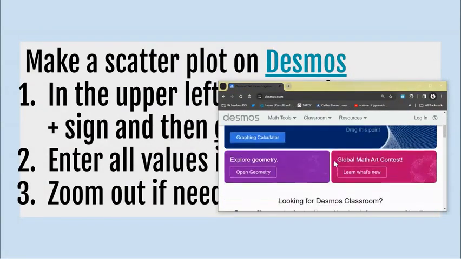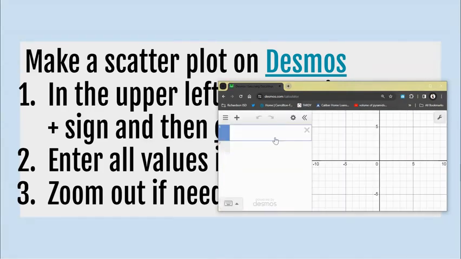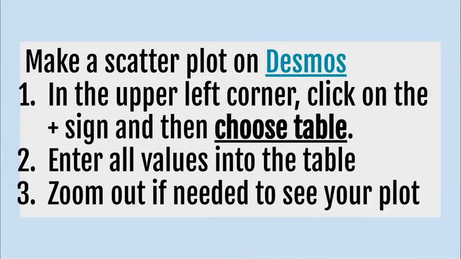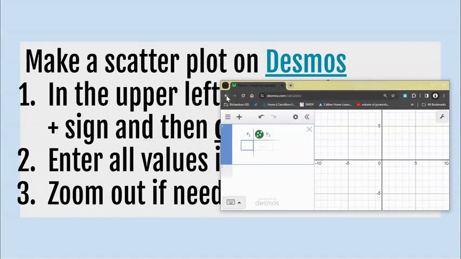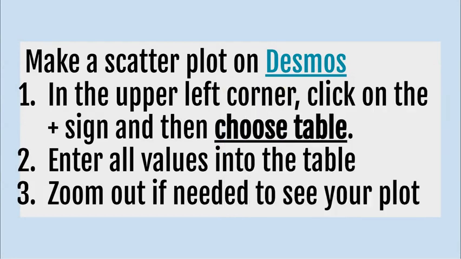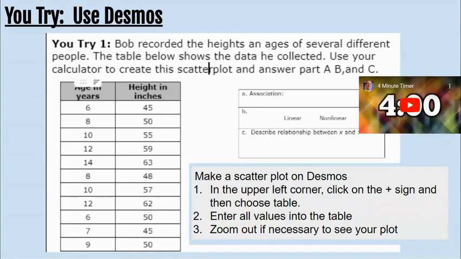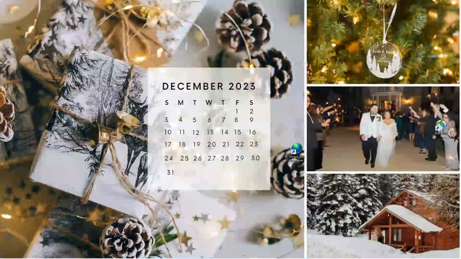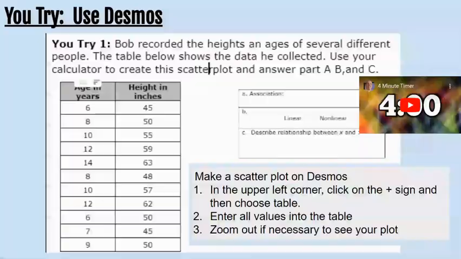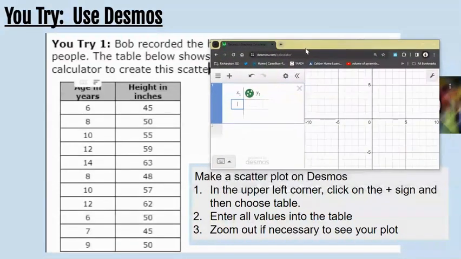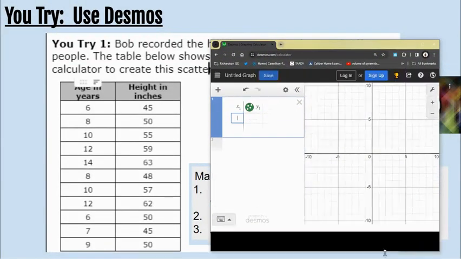So I got Desmos. I'm going to my graphing calculator and I'm going to click on the plus sign and I'm going to click on table. And that's going to give me a table. Okay, now that I have Desmos open, I'm going to make this a little bit bigger so I can see it.